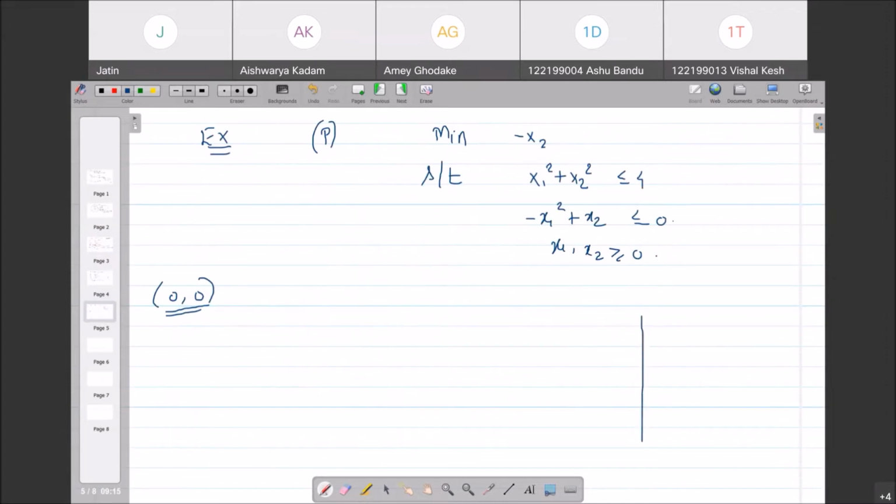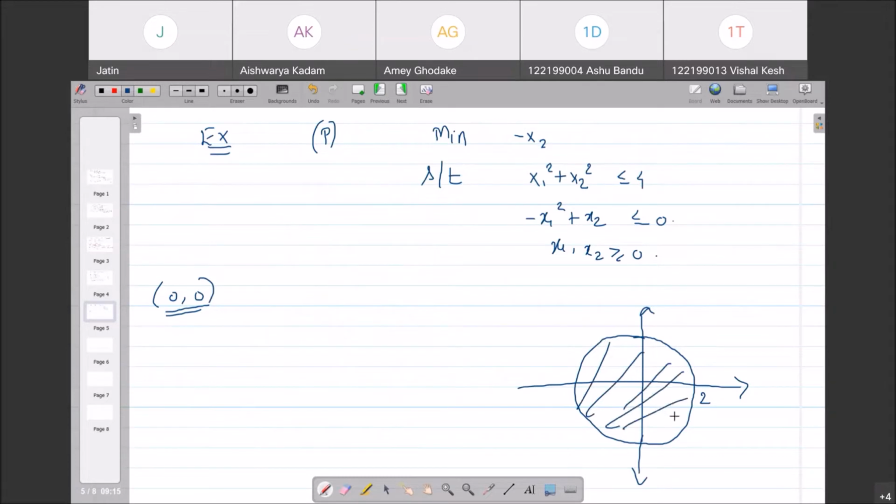You can see what the region is. Now x1² + x2² ≤ 4. What is that? It's nothing but a circle of radius 2, and the region is inside it. And this implies x2 ≤ x1², that means y ≤ x², if you want to use the language of x and y.